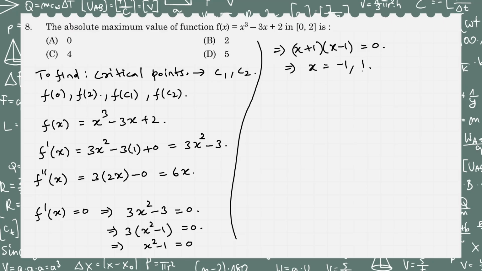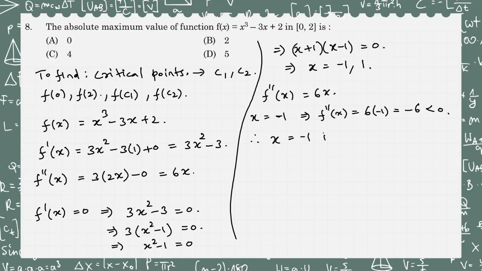We need to check which one is the maximum among these two. So, let's put this value obtained in the f double dash of x value. So, f double dash of x equal to 6x. So, when we take x equal to negative 1, then f double dash of x will be 6 times negative 1, which is minus 6, less than 0. So what kind of value is x equal to minus 1?